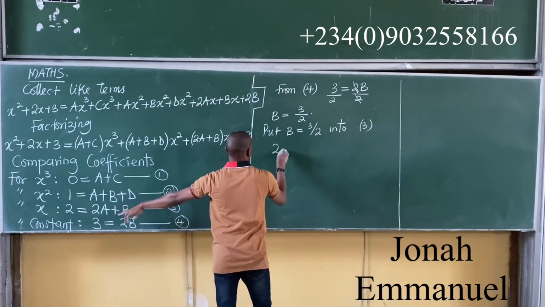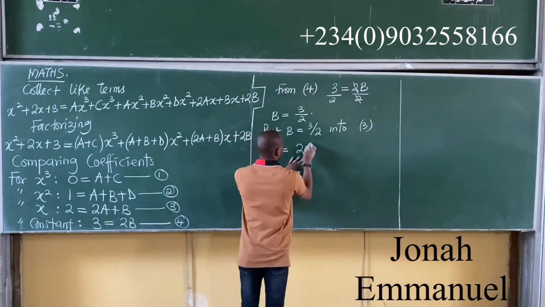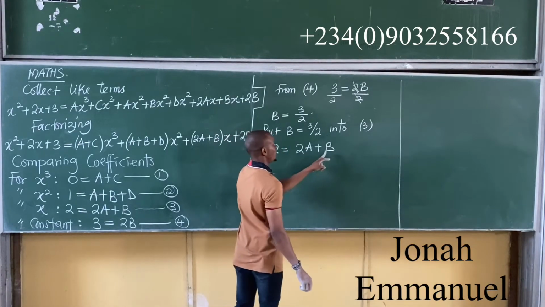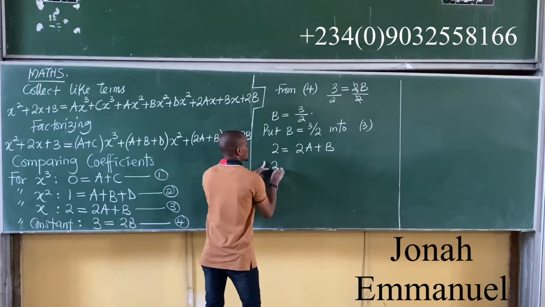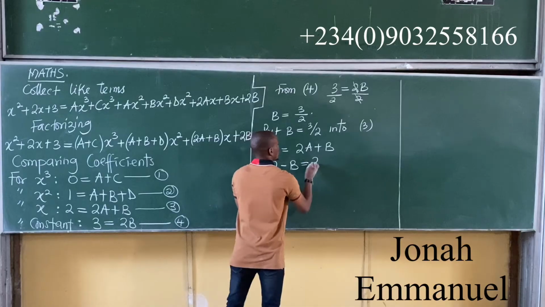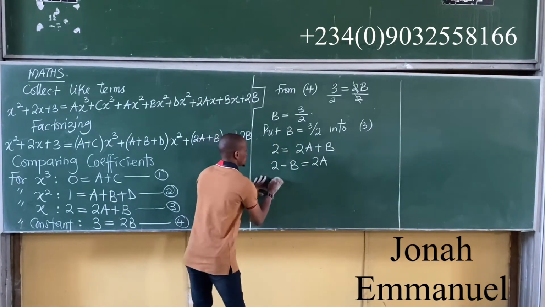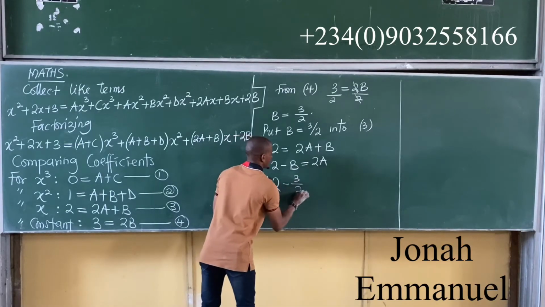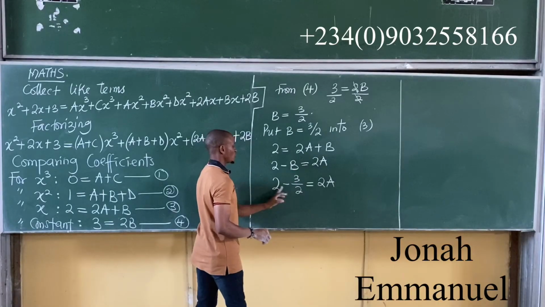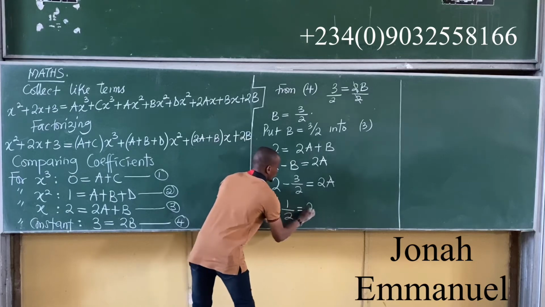We said 2 is equal to 2a plus b. If I move b over, I'll have 2 minus b is equal to 2a. Put b as 3 over 2: 2 minus 3 over 2 is equal to 2a. Work this out, this gives you 1 over 2 is equal to 2a.